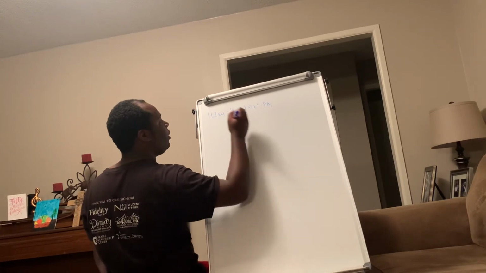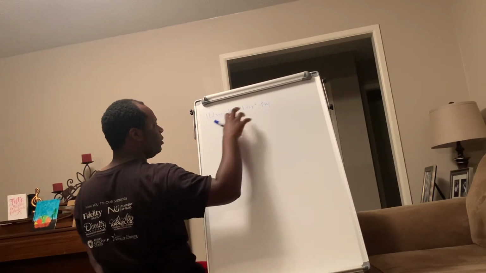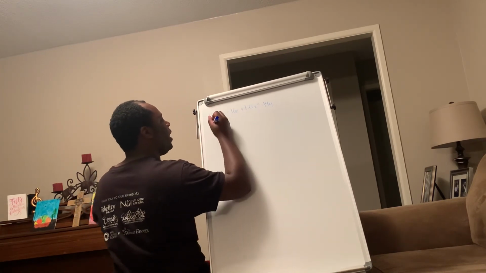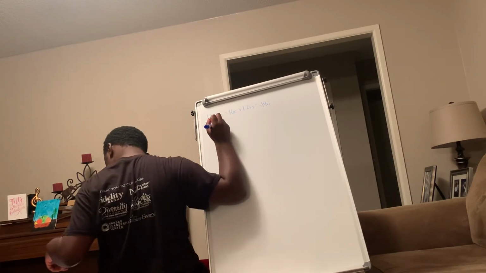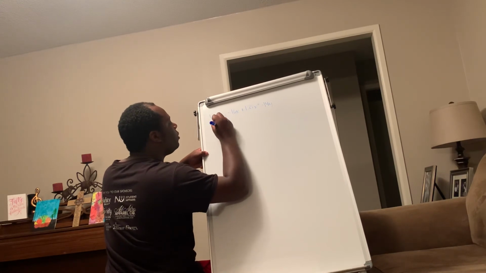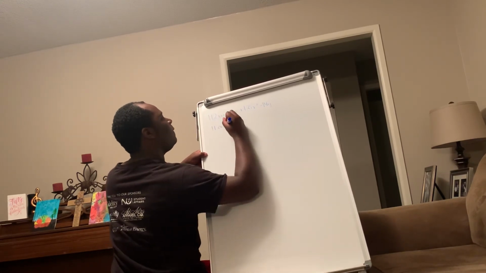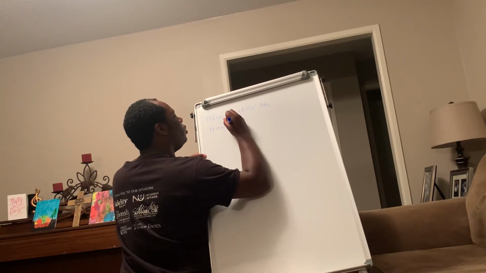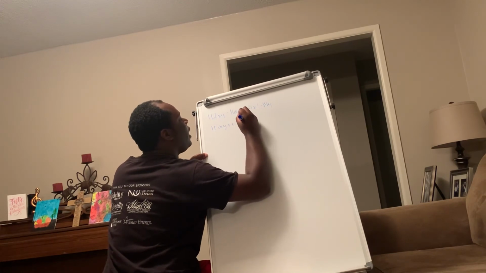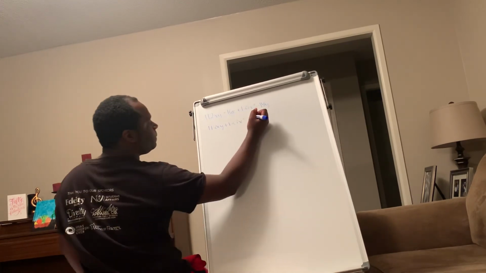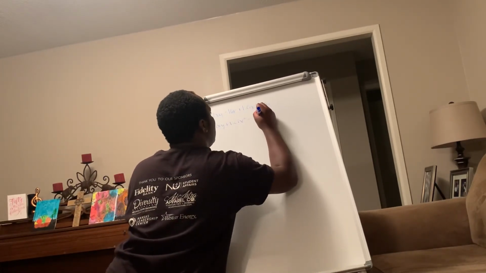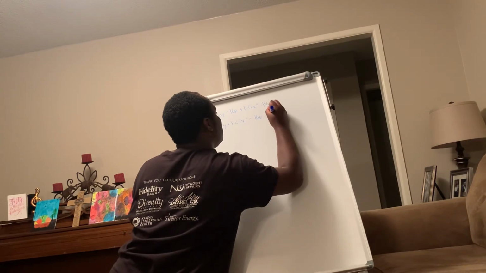Okay, so once again, I rearranged these so they would be with corresponding variables. So for this one, I'm going to rewrite it as 112xy plus 128x squared minus 16x minus 14y.